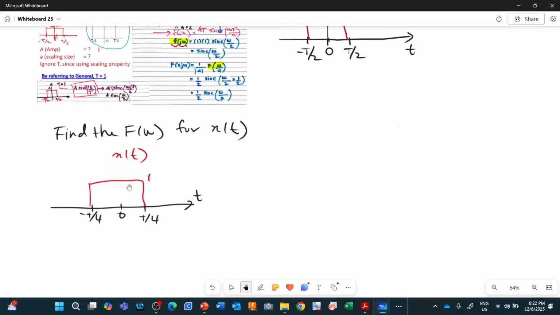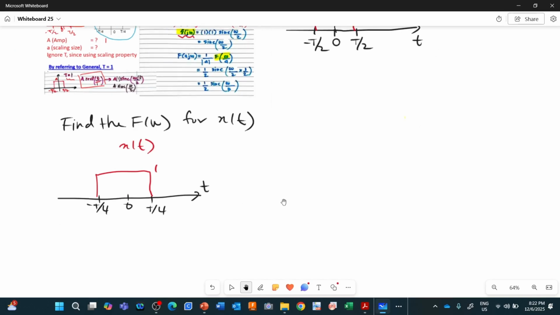In order for you to do this, you need to write out first what is the value of T and what is the value of a. So what's T? T equal to what? 1 over 2, correct.